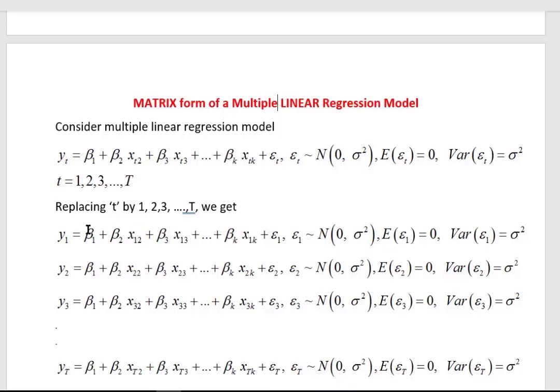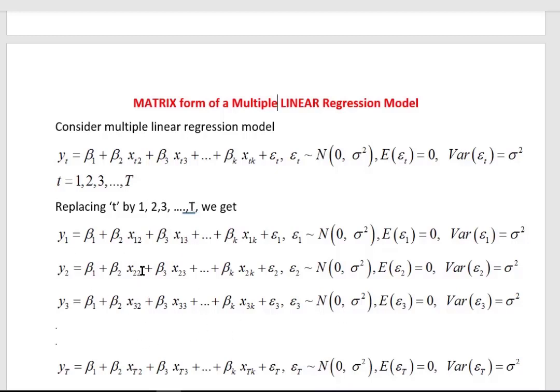So look here, we have y1 this first equation, y2 second equation, y3 third equation, and yt is the tth equation. So if let's say this capital T is 10, it means we will have 10 equations in that case. So here T is just a general notation. So we have capital T equations here.